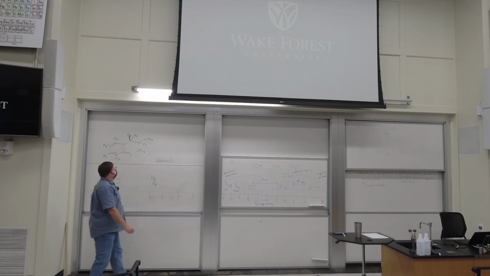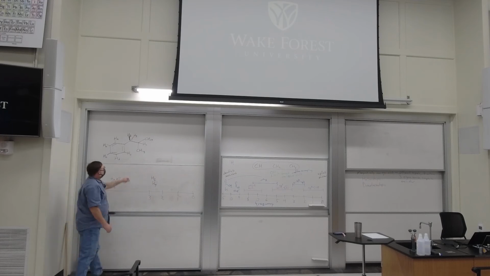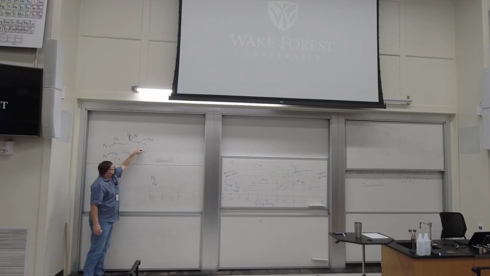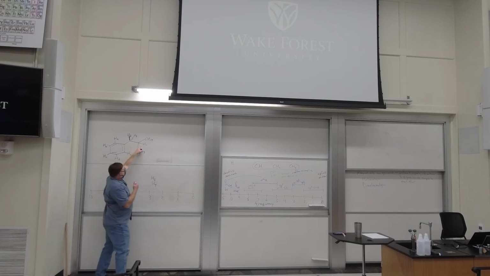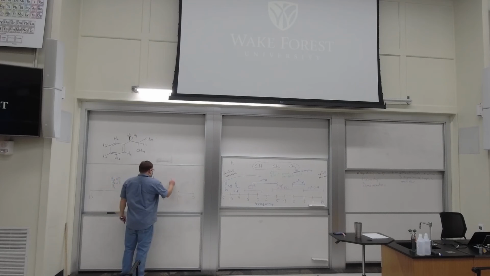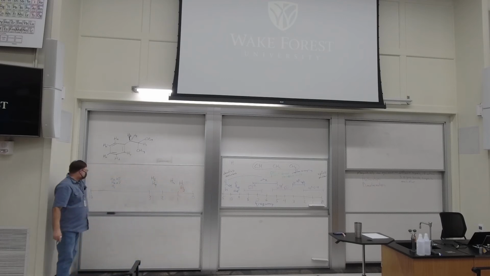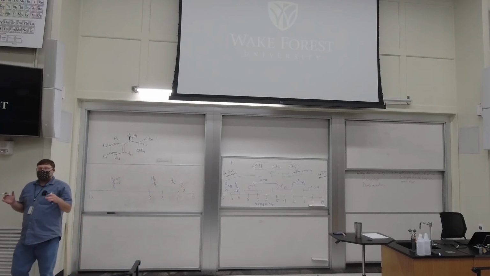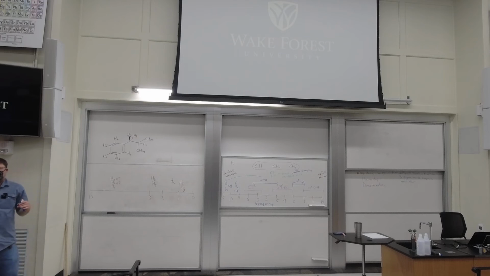And then sp3 carbon bonded to other sp3 carbons. But a CH is going to be a little downfield of a methyl, right? So that's chemical shift-wise, that's where our atoms are going to be.